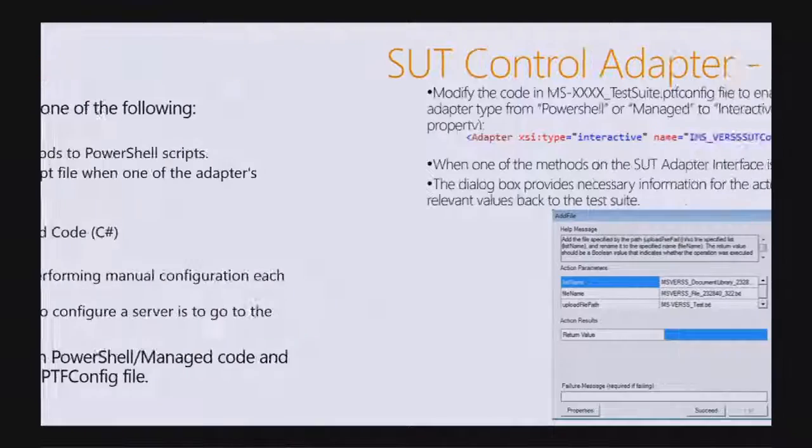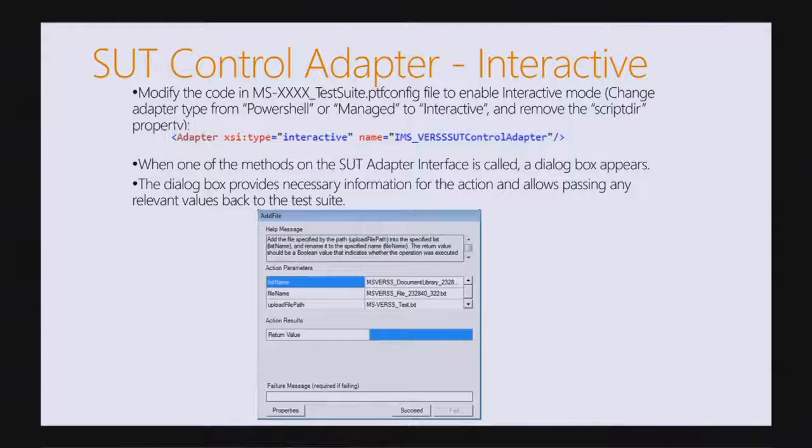And here's how you do it. Basically, in the test suite .ptf config, it's just an XML file, right? There's a tag that spells out how the adapter is actually implemented. You just change it to interactive, and during runtime you'll see a pop-up message like this.